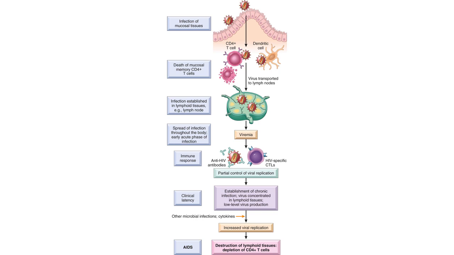Replication continues, and progressively it becomes much more effective, the viral replication in the lymphoid tissue, so that there is so high a number of HIV particles and they spill into the blood.